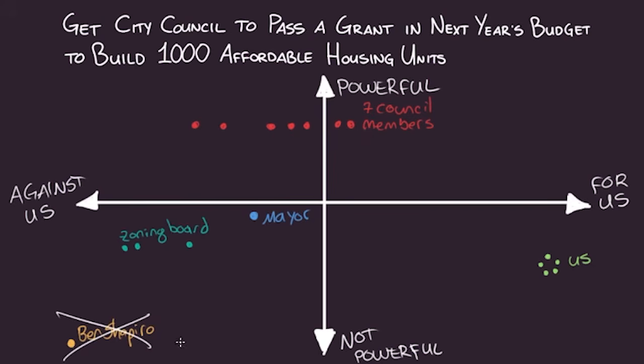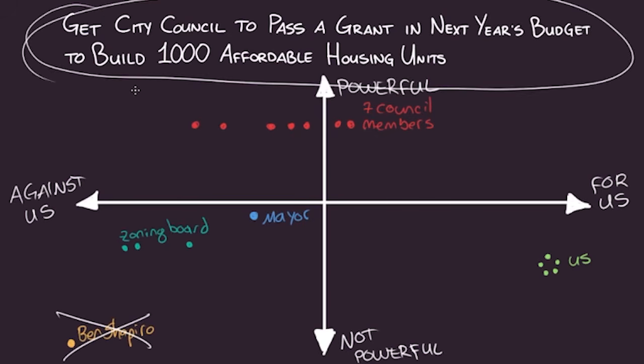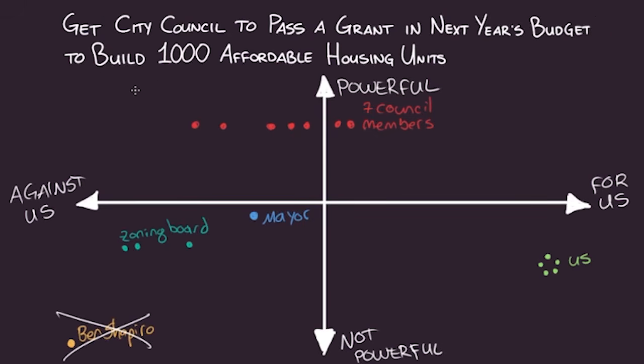He is so irrelevant that it doesn't matter how against us he is. He's not powerful. Now, he does have power, but this powerful, not powerful metric is for this specific issue. That is what power and not power means. It's not power in an abstract sense. It is this exact thing that we're trying to do that power matters for. So Ben Shapiro should not be included.